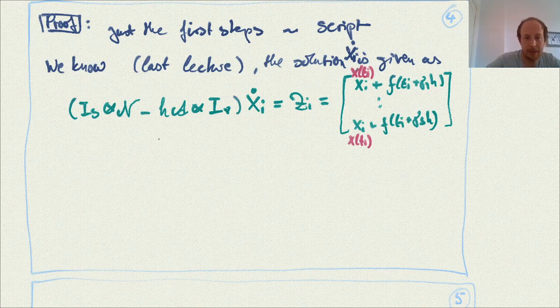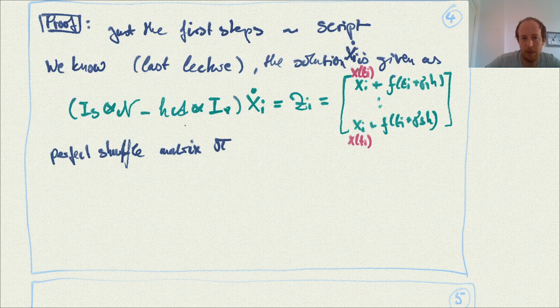And then we had this perfect shuffle matrix Pi, which could switch these terms.